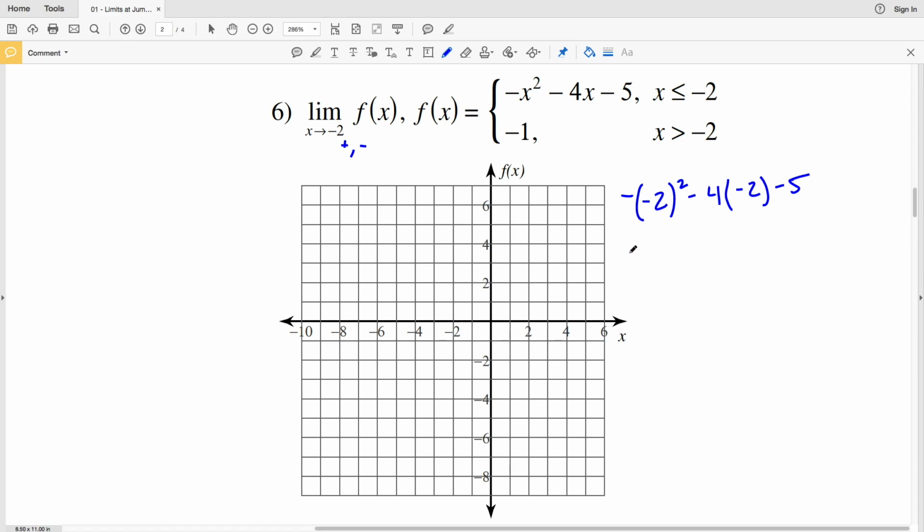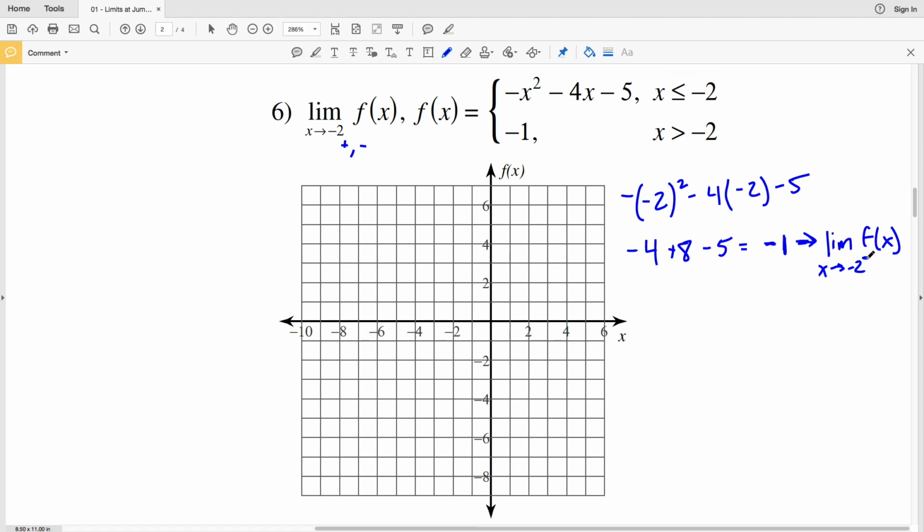The opposite of -2 squared is the opposite of a +4, which is -4, and then we're subtracting a -8, which is the same as adding +8, and then we're subtracting 5. -4 plus 8 is a +4, and when we subtract 5, that is equal to -1.